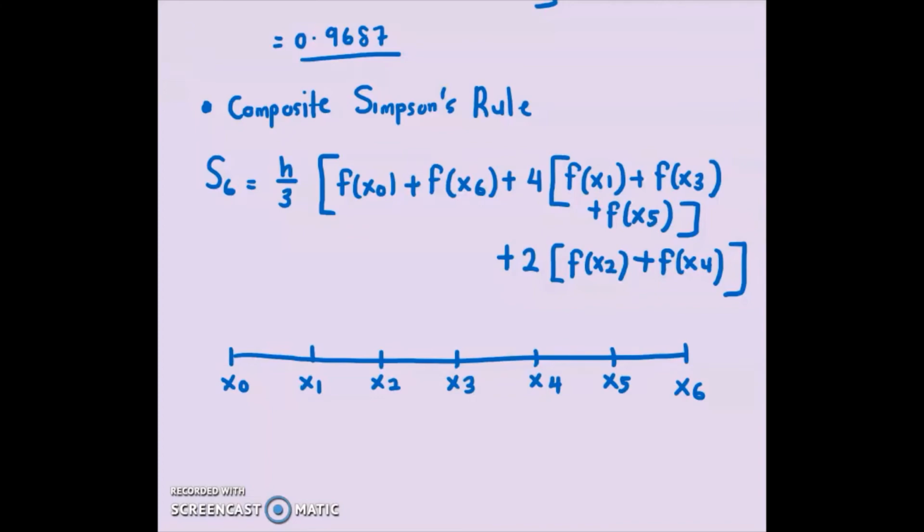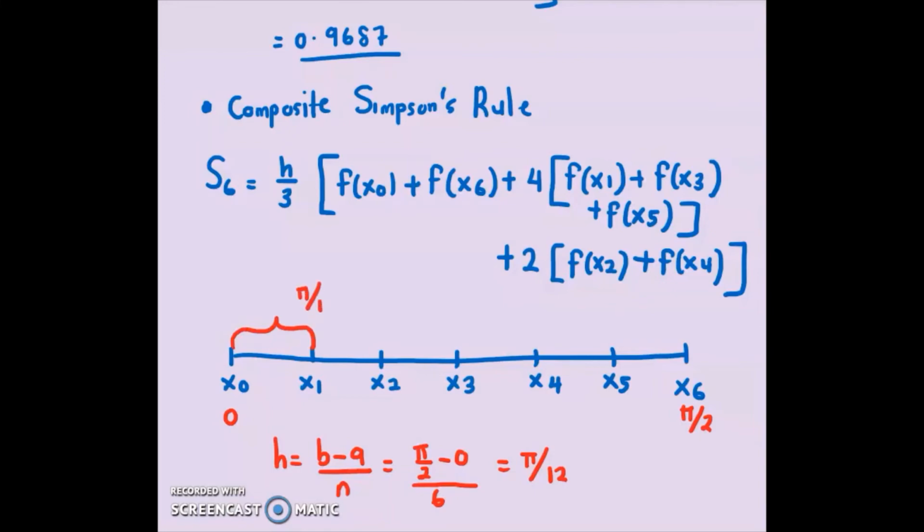Now the limit is given from 0 to pi over 2. I already said that h is b minus a over n. So b is pi over 2, so we have pi over 2 minus 0, divided by n which is 6. So h, which is the step length, is pi over 12. Each time we add pi over 12. So my x1 is pi over 12, my x2 is pi over 12 plus pi over 12, 2 pi over 12, which is pi over 6.